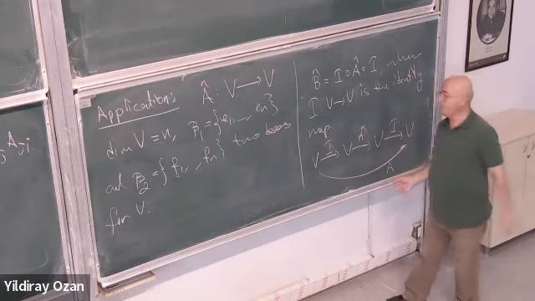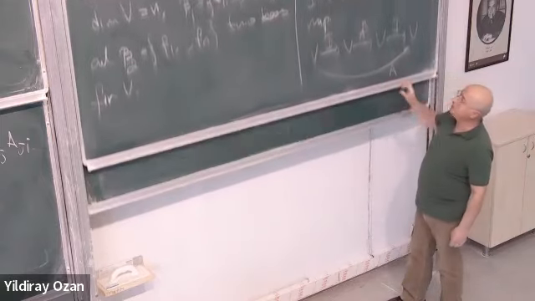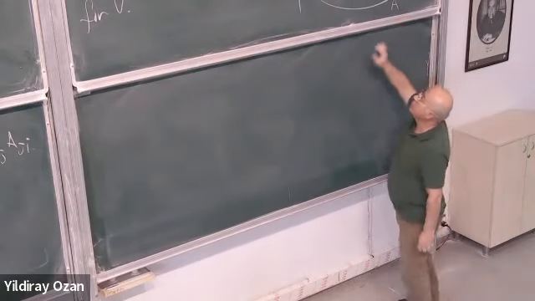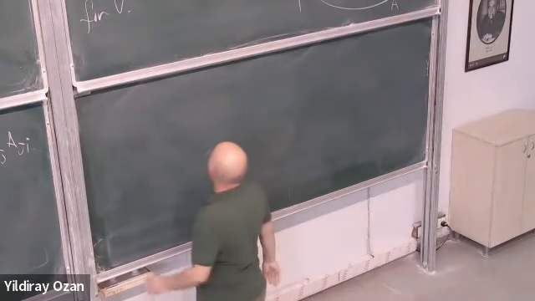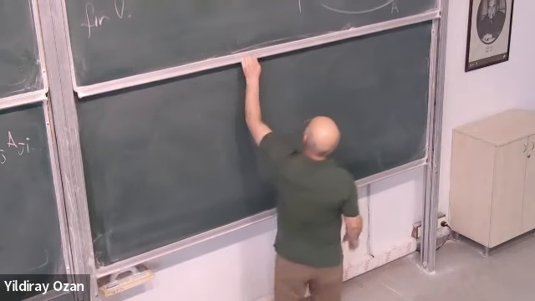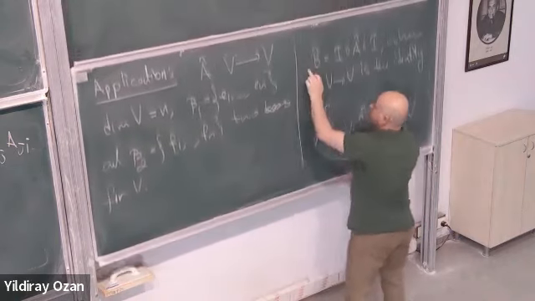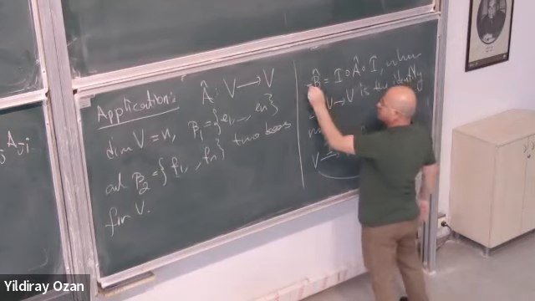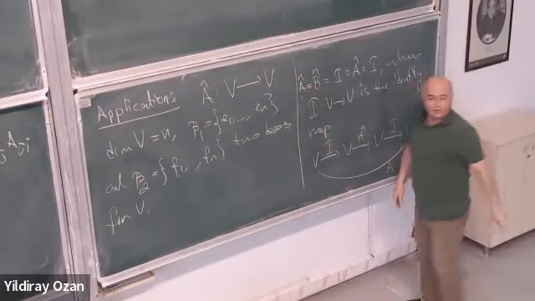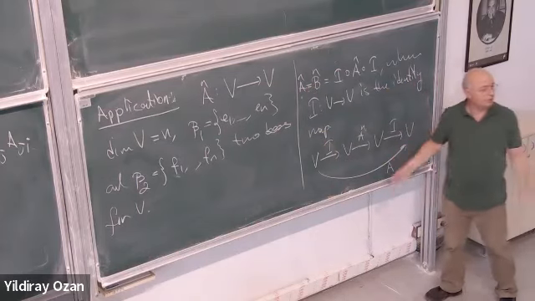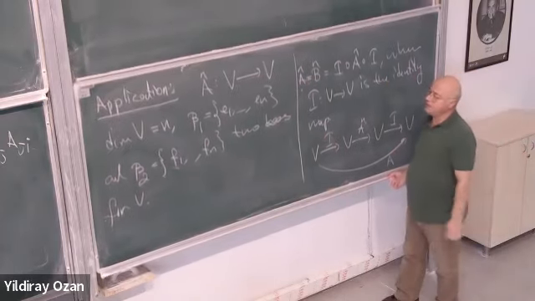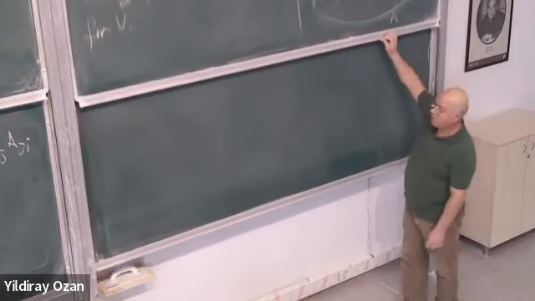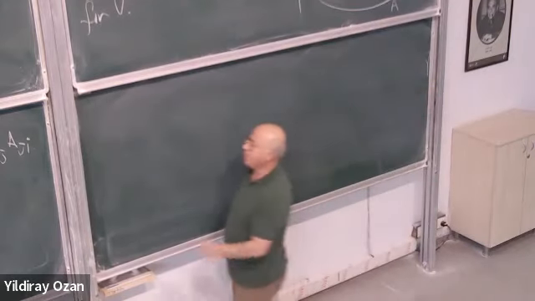But writing this way has the following consequence. I can do the following. So I said this is, but actually we just saw that this is just A hat, right? It's not a new thing, it's just A. Now I can do this.